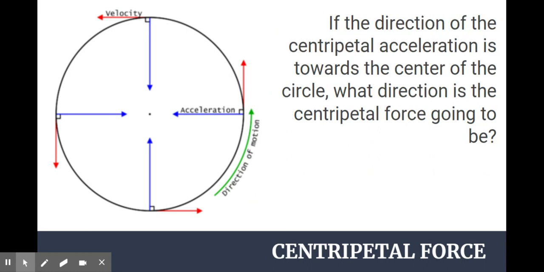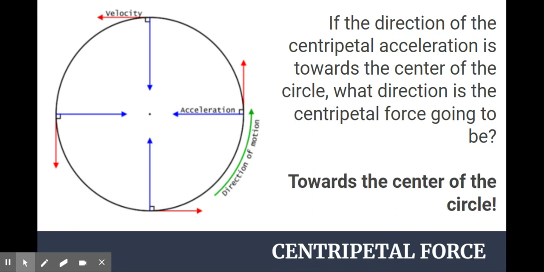That's it. So, I guess I kind of just answered this one. If the direction of centripetal acceleration is towards the center of the circle, what direction will the centripetal force be? Well, it's going to be towards the center of the circle. The direction of the force acting on an object is always going to be the same direction as the acceleration of that object as well.